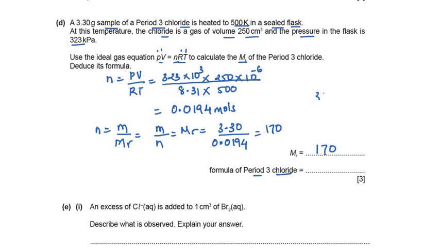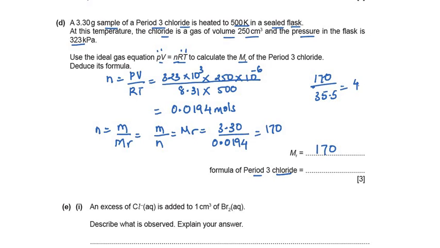Now chlorine has the relative mass of 35.5. What I generally do when such things are given is divide 170 by 35.5 and see which is the biggest whole number value you get. That is 170 divided by 35.5, and the biggest whole number you'll get is 4, because the answer is 4 point something.